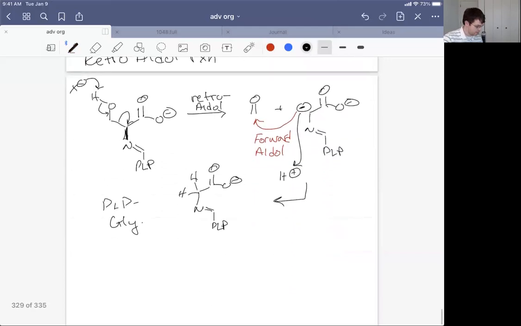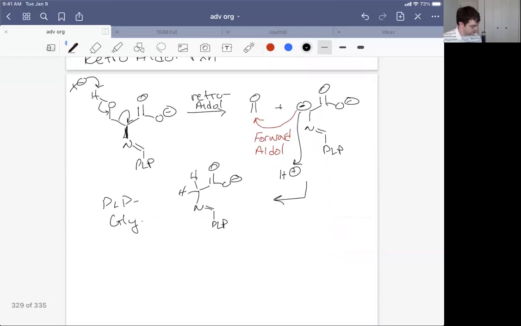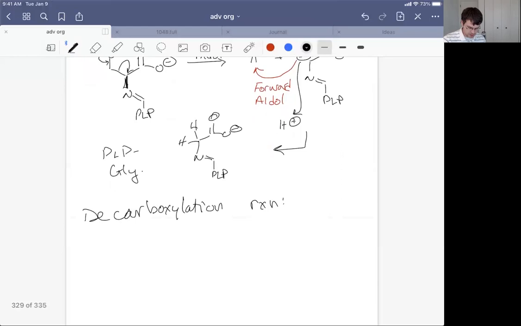Okay, if we have a carboxylic acid at that alpha position, and we always do, right? We can do a decarboxylation reaction. So the decarboxylation reaction involves taking our alpha amino acid that's bound to PLP, which means we can stabilize negative charge at the alpha position.